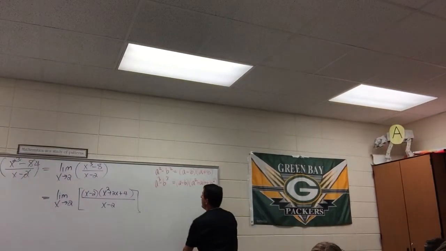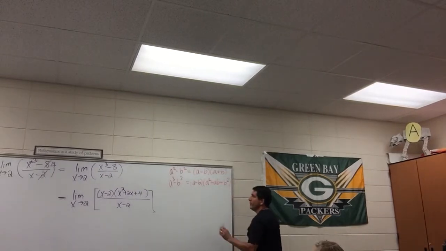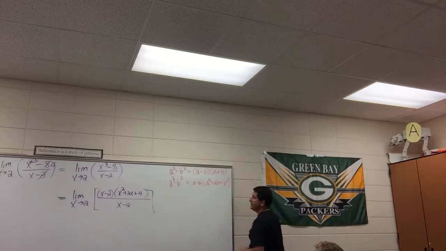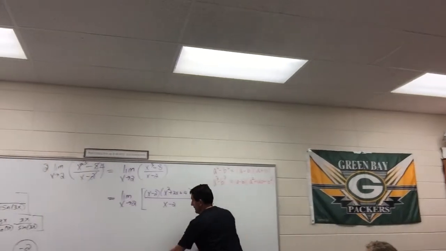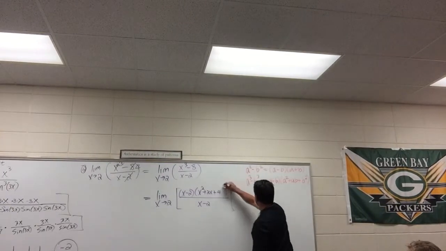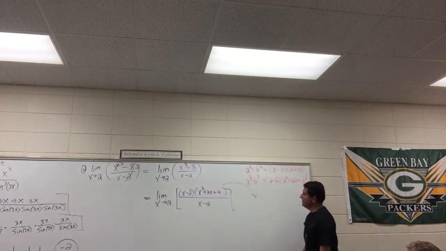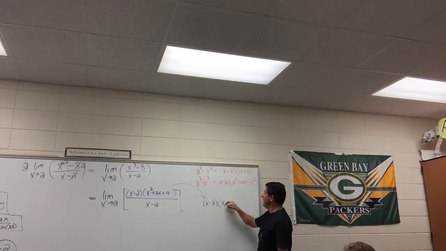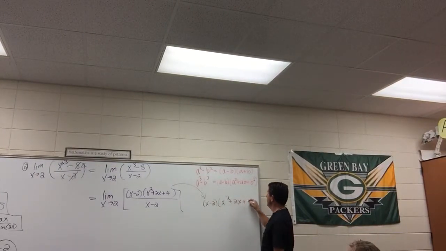Now, you could take my word for it, but I've taught you not to do that. You'd say, I need to prove it to myself, so I'm going to multiply it out. As long as we've got this problem right here, let's prove it. Multiply x minus 2 times x squared plus 2x plus 4.